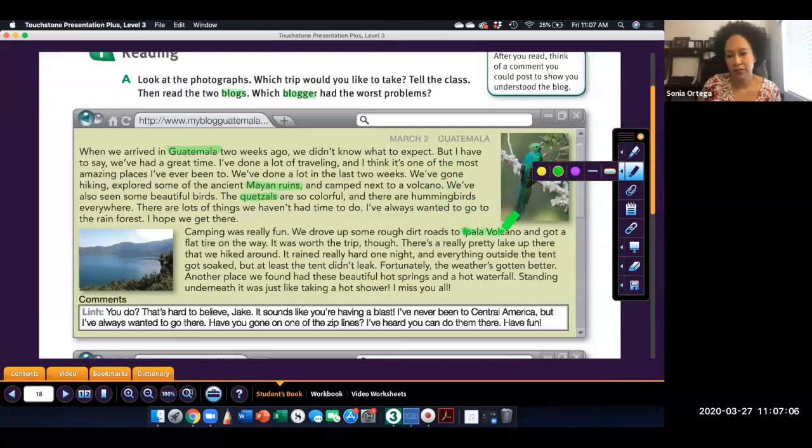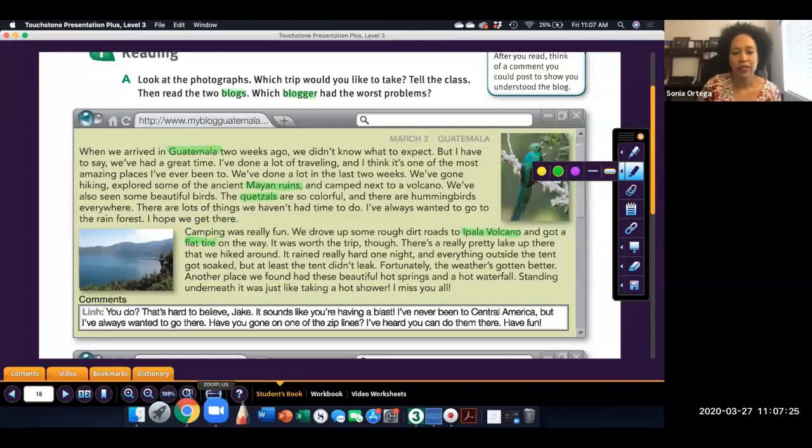Ipala volcano, this is the picture here. So hopefully you know volcano is a mountain that the lava comes up out. And so this volcano has a big lake at the top. Flat tire in your car.